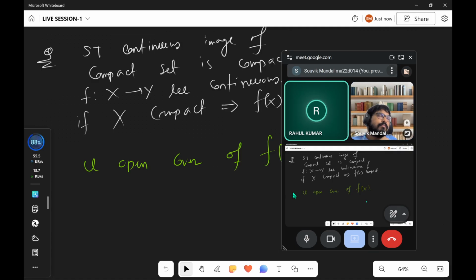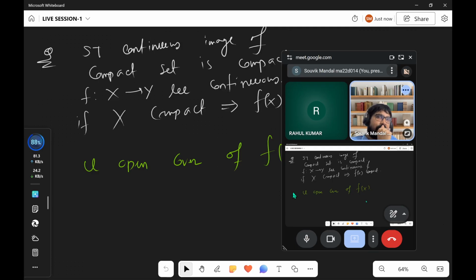If U is an open cover of f(X), then can we write the union of U_a1, U_a2, the indexed family of open sets, containing f(X)? So U is an open cover of X if you choose. Then from that, how are we going to f(X)?